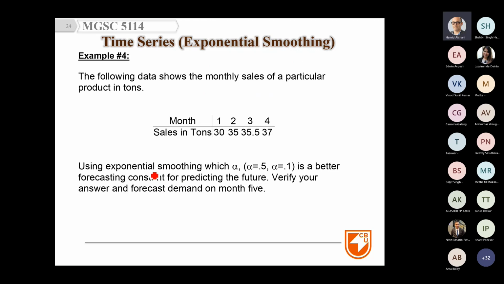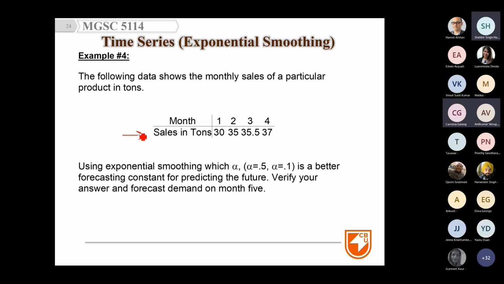Let's solve another example. The following data shows the monthly sales of a particular product in tons. So, how many periods are here? 4 periods. And what you see here is the actual demand or forecast demand? The actual demand, correct.